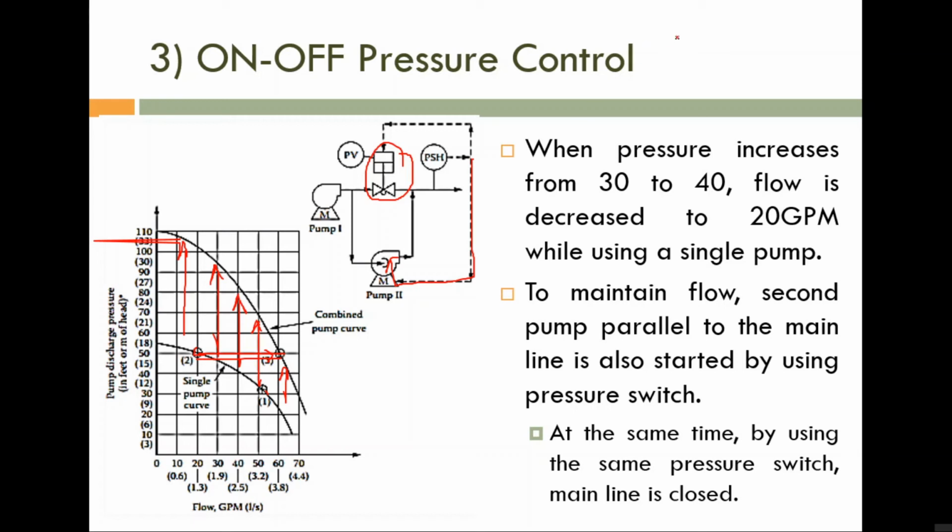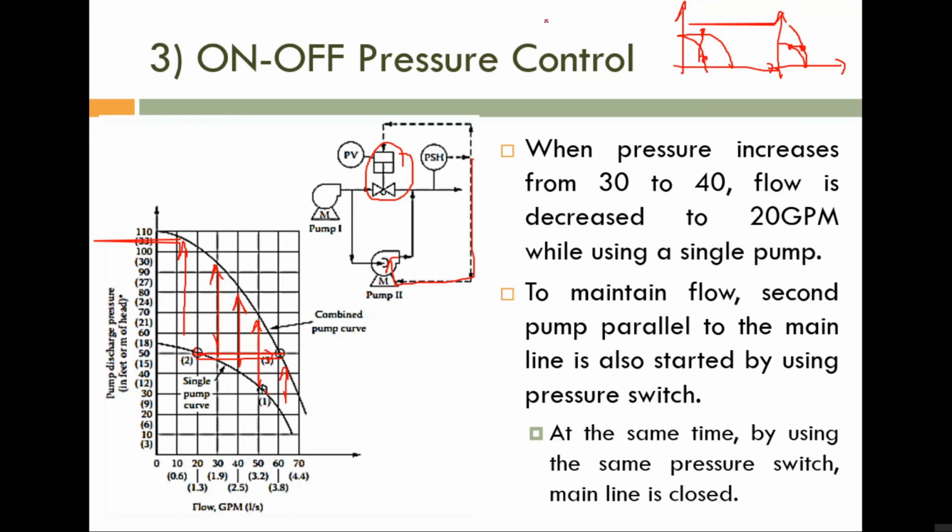Please note always, if you are operating two pumps parallelly, the pump curve will shift to the right side like this, and the operating point will shift upward. If you are operating two pumps cascadely, serially, then the single curve is shifted upward, and the operating point is shifted to the right side. So please note these two concepts.